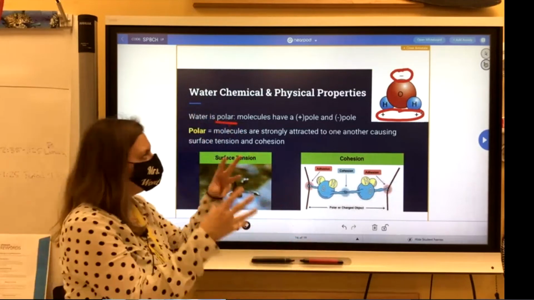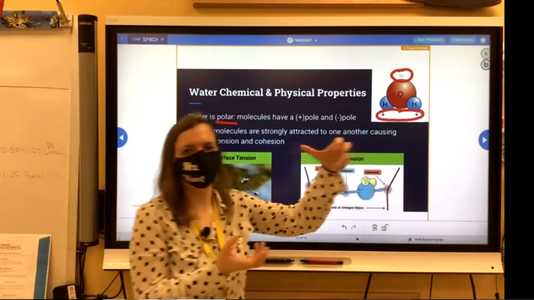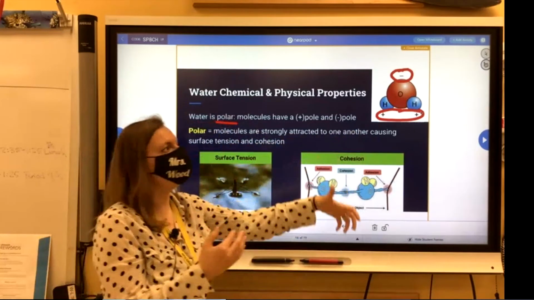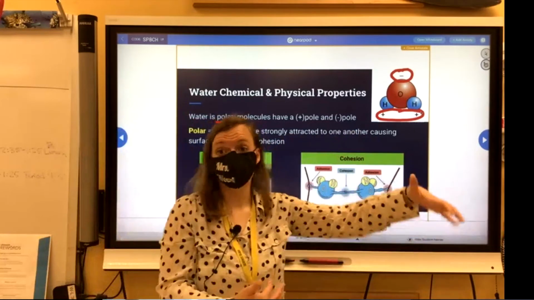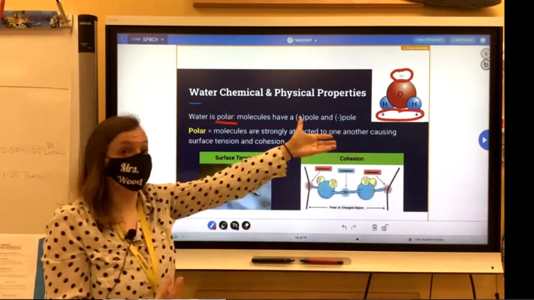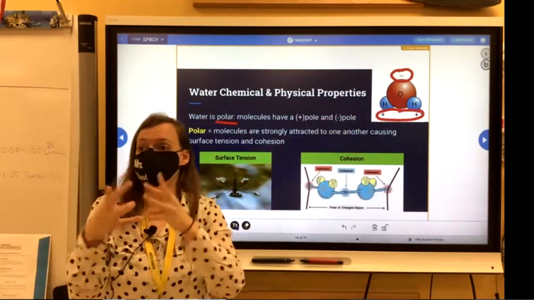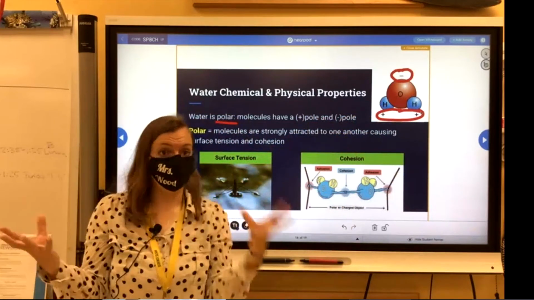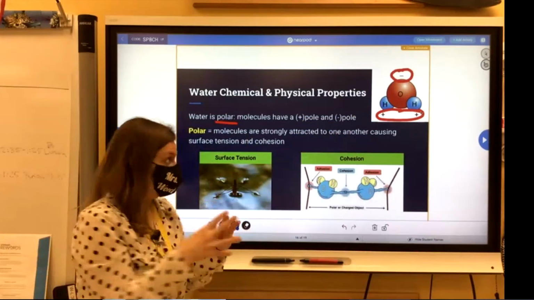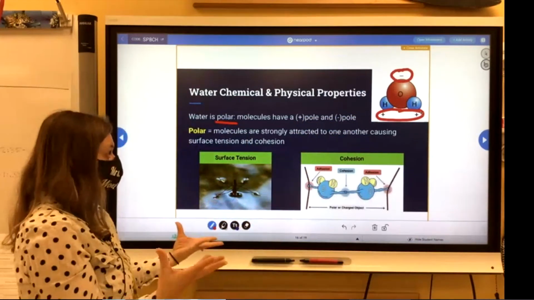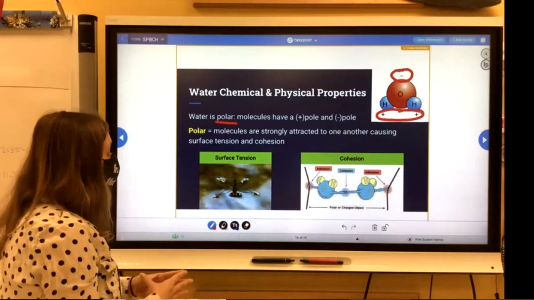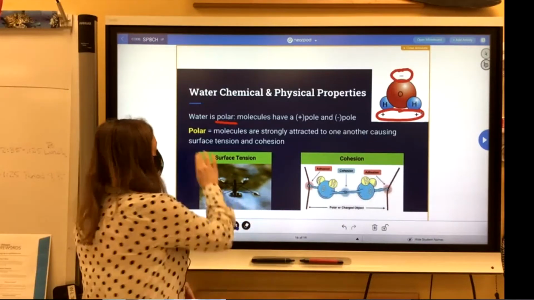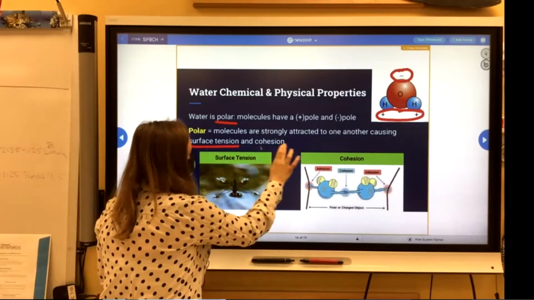So if part of this molecule has a different charge, it's going to attract to other molecules, for example, water molecules. They're able to stick together because their positive and negative ends are going to attract to each other. So why is that important? Why is that special? Well, it causes these properties called surface tension and cohesion.